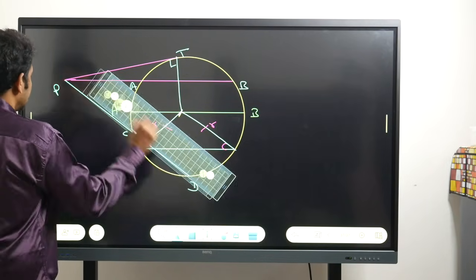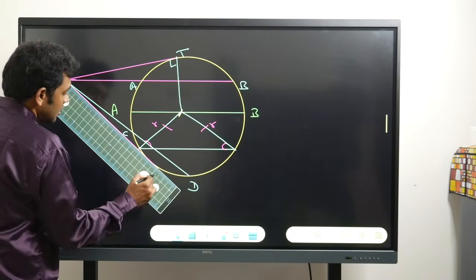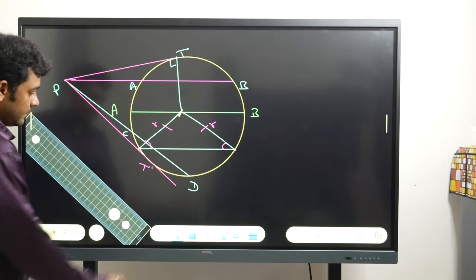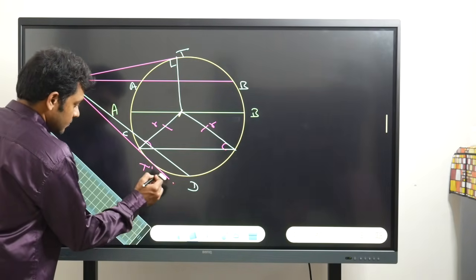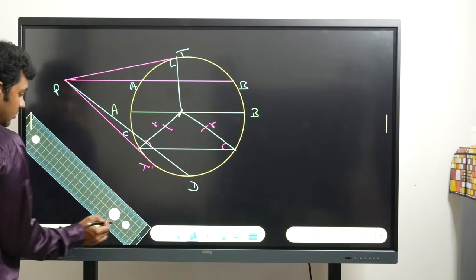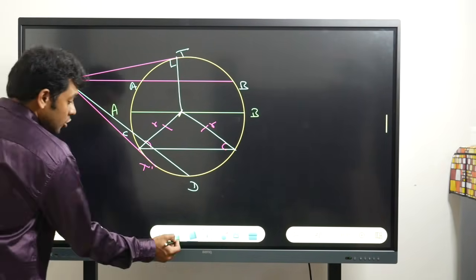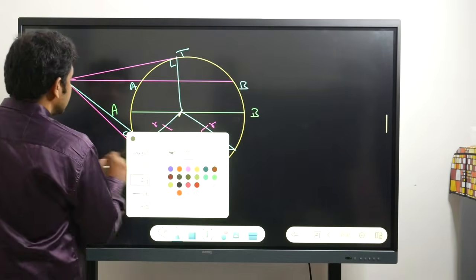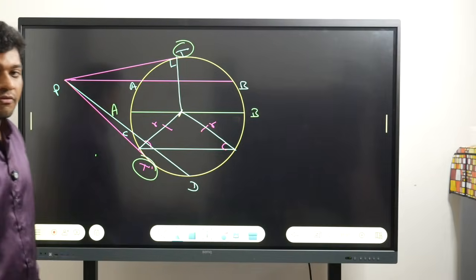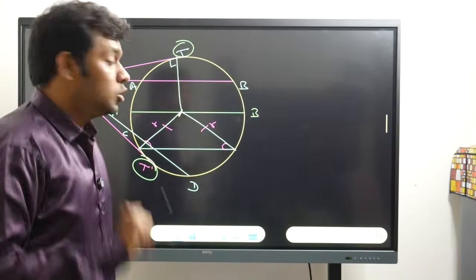If I see this is a point, this is also a tangent, PT dash. So PT is the first tangent, PT dash is the second tangent. From one external point you can draw only two tangents.